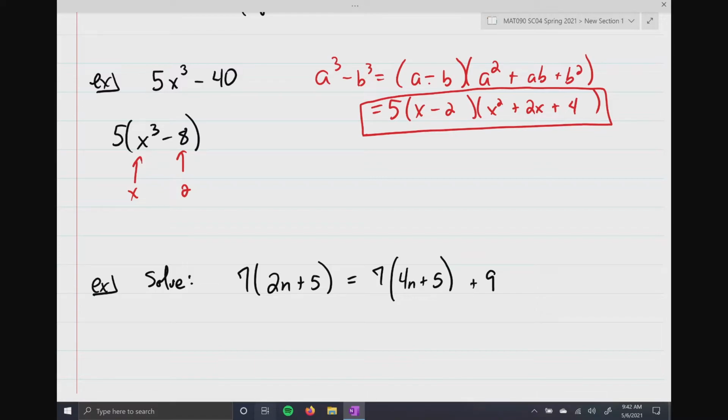Before I even start, what do you think the first question I ask myself is? Now I'm asking you to think like me, which is scary. So what do you think the first thing I look at in this problem is?